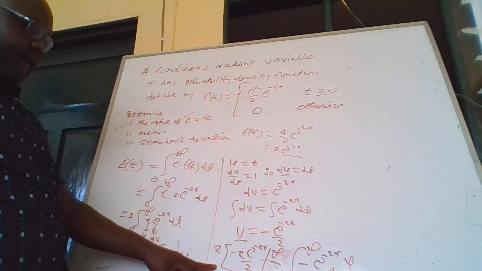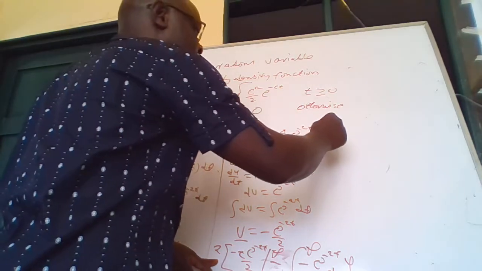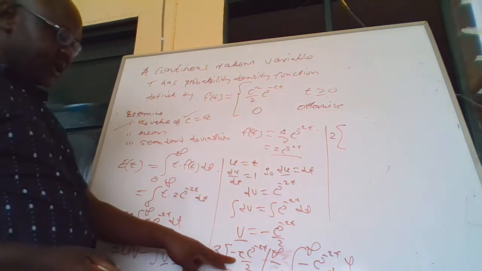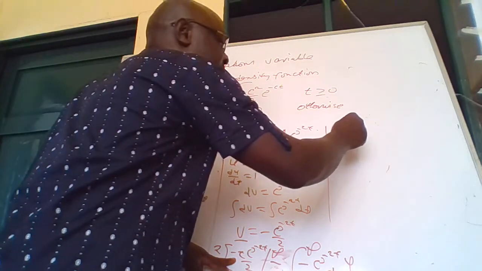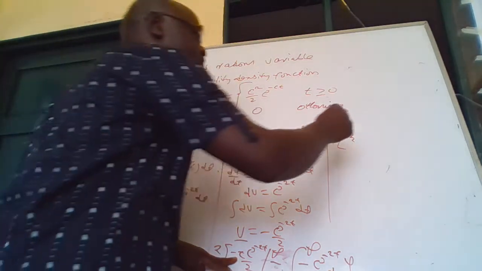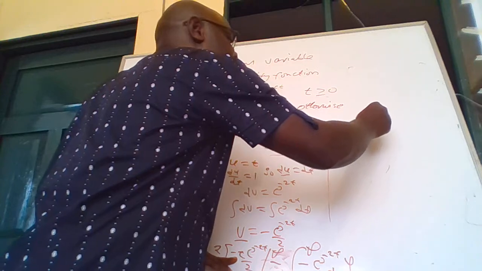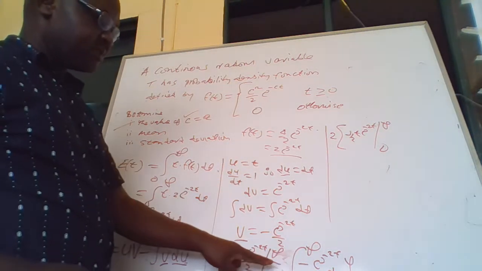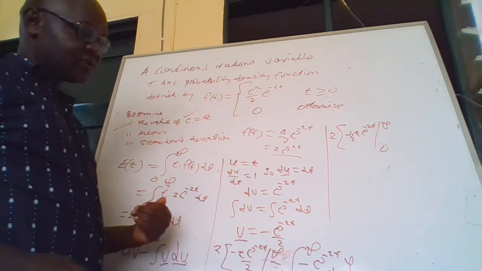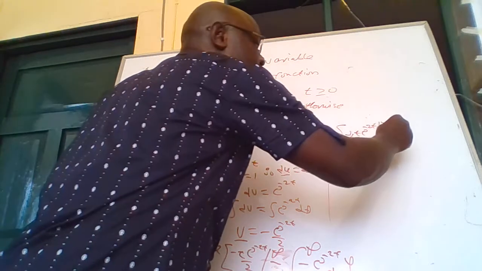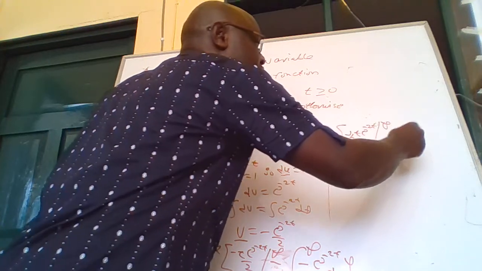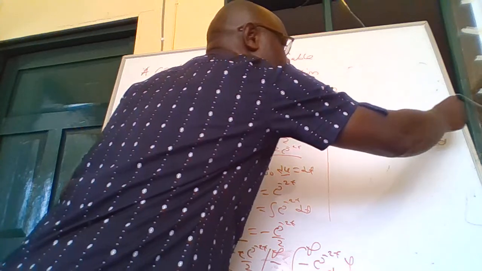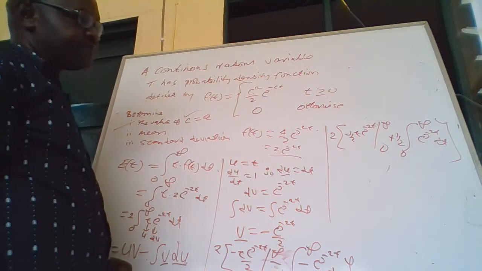So this is the same as 2 into, I can write this one as minus a half t exponent minus 2t, and then minus, and the minus will be positive, and then you take out 1 all over 2. Like that.